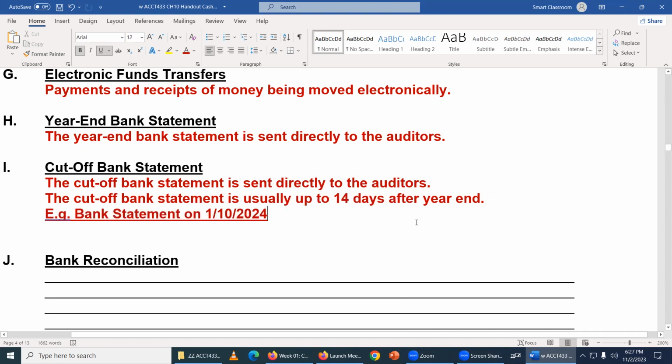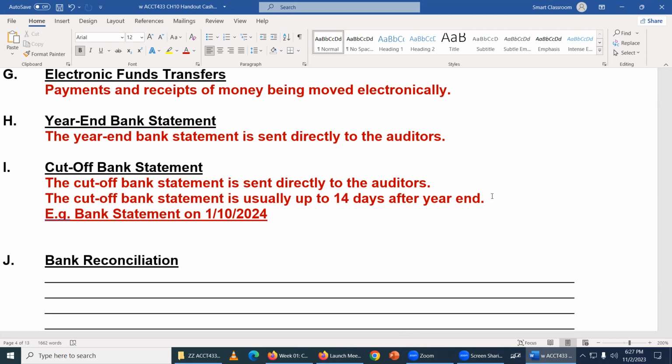The reason we get the cutoff bank statement is because it can help us with a number of different things. One of the things it can help us with is looking for unrecorded liabilities. Suppose the client gets a bill, and instead of putting it in the system, they put it in the drawer and lock the drawer.